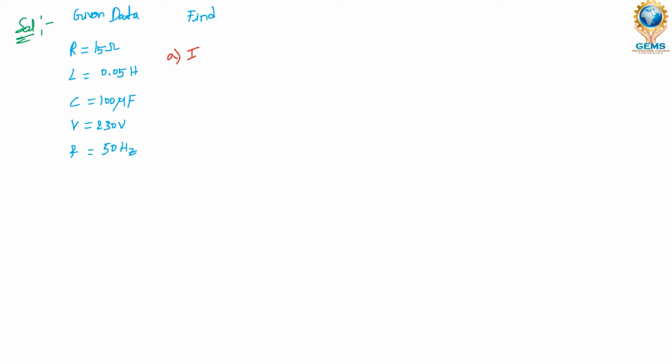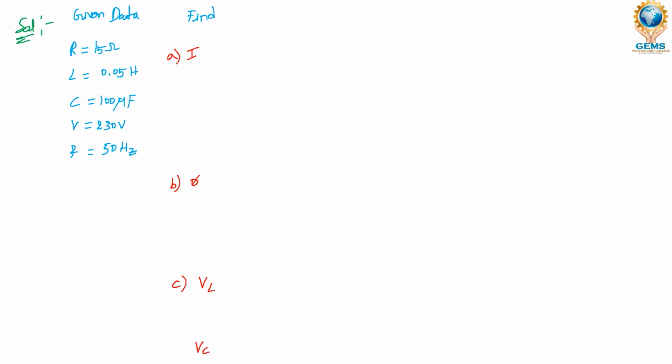He is asking us to calculate A, current; B, angle phi, the phase angle between current and voltage; and C, VL and VC. We'll see one by one.